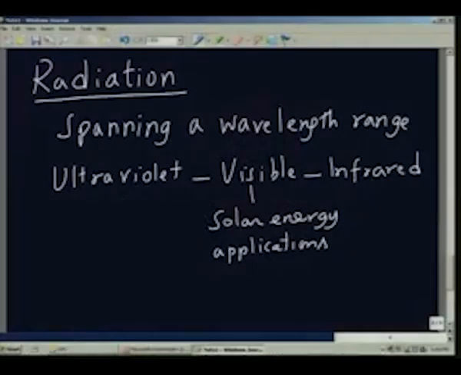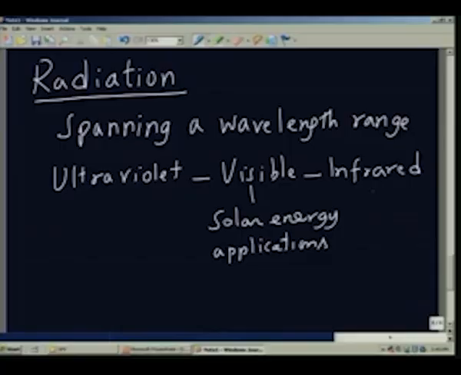Also in space applications like satellite thermal control, the properties of surfaces exposed to solar energy play a very important role. From that point of view we would like to look at the surface properties subject to radiation from the sun falling on them.